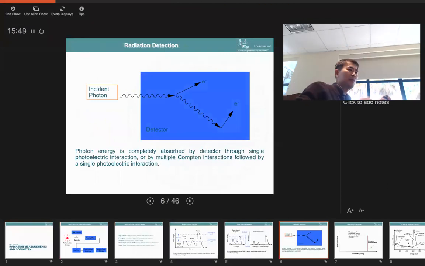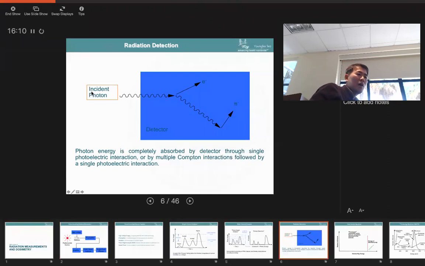Okay, now the radiation detection. This is what's happening. Again and again, we have the same kind of diagram. Let's look at the same thing over and over, but from slightly different perspectives.